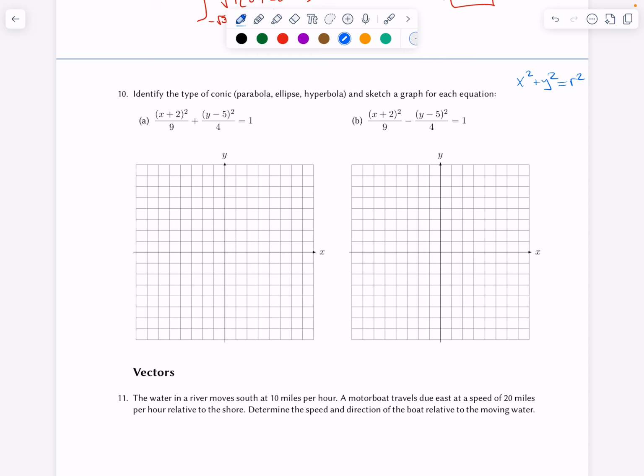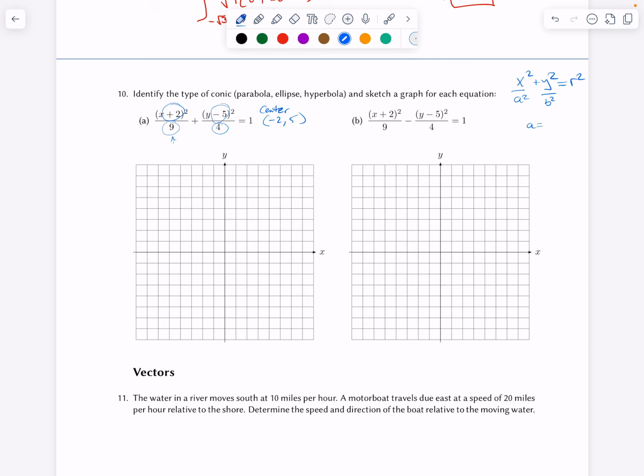The center of this ellipse is going to be at the point -2, 5. And this is just coming directly from there. And then the values for the semi-major and semi-minor axes come from this. So here I'll just write it like this: a squared, b squared.